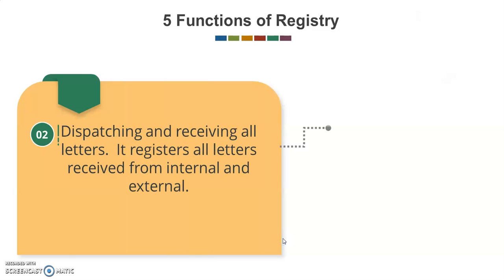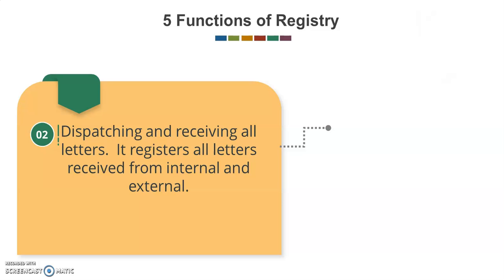The second function of the registry is dispatching and receiving all the letters. It registers all the letters received from internal and external sources. Not only do they send out letters, which is the dispatching, but they are also the place to receive all the letters. Once they receive or dispatch the letters, they need to register them first. Why? Because it can be used as a reference.